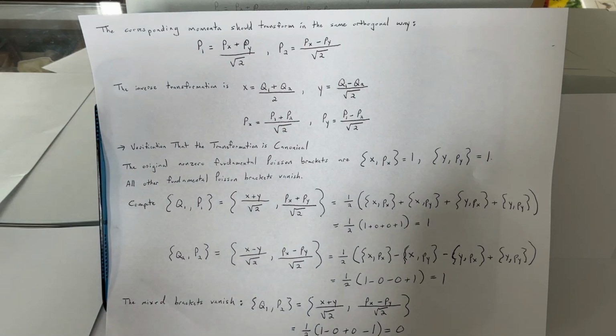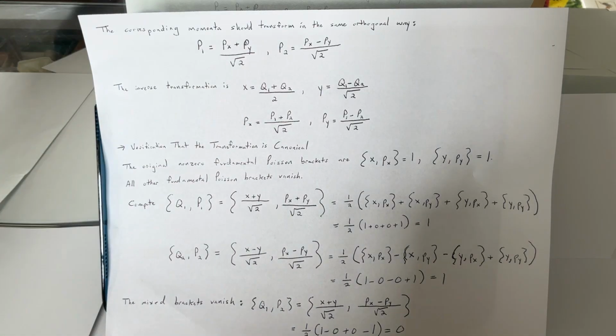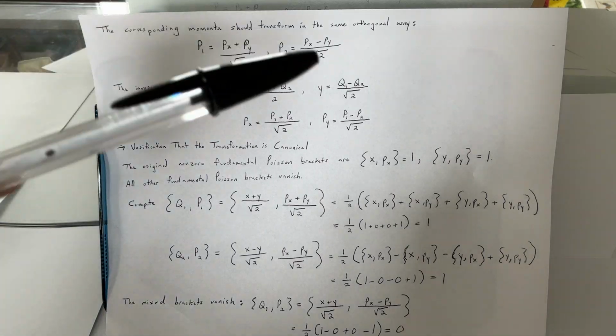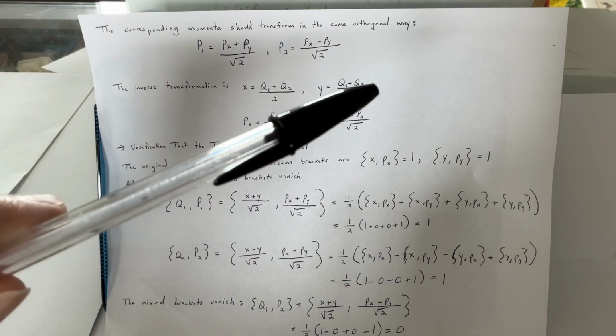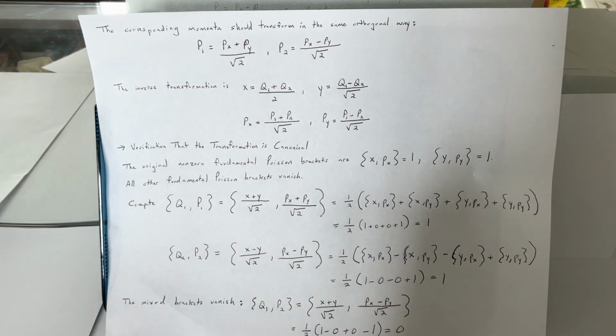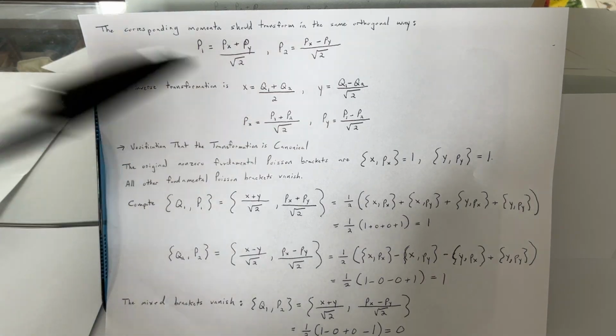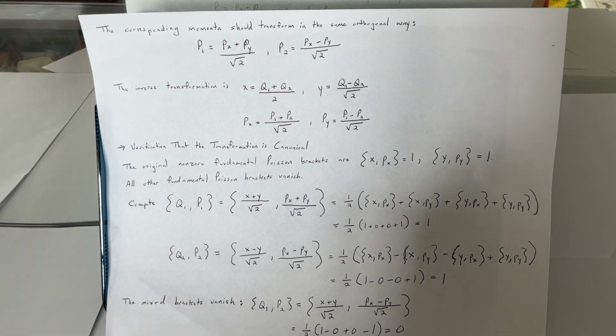So the inverse transformation is x = (q₁ + q₂)/√2, y = (q₁ − q₂)/√2. Sorry, that's a q₂. And pₓ = (P₁ + P₂)/√2, p_y = (P₁ − P₂)/√2.